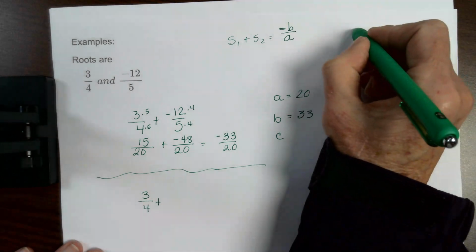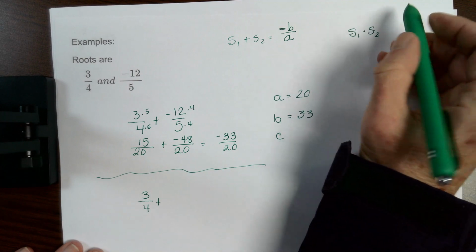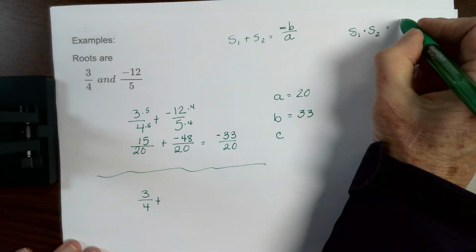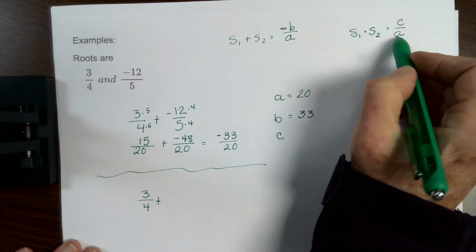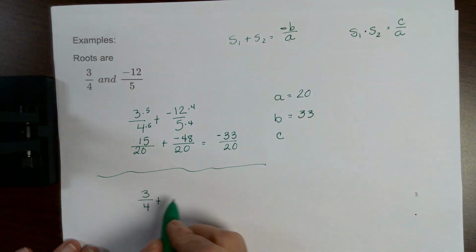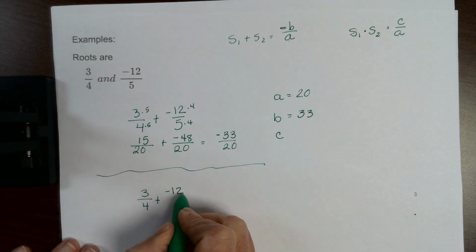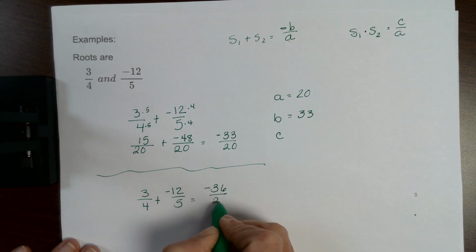When I multiply them, s sub 1 times s sub 2 just means your root times your root. That's going to give me c over a, so the a is going to have to match in both of those. So I'm going to multiply 3/4 by negative 12 over 5. That's going to give me negative 36 over 20.